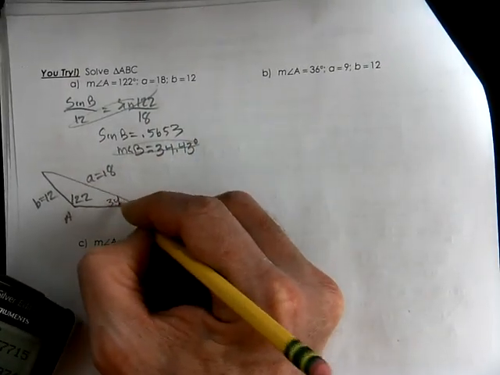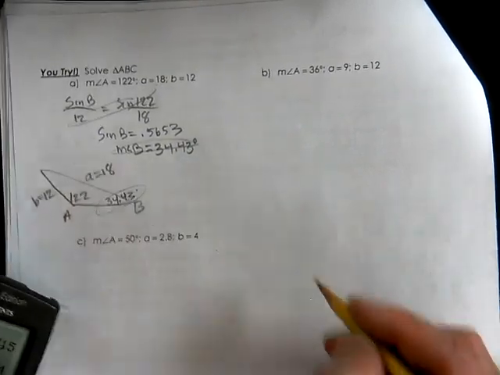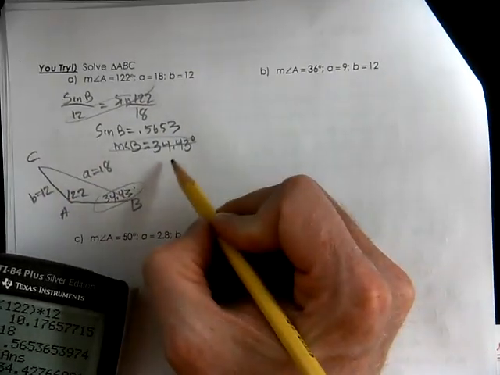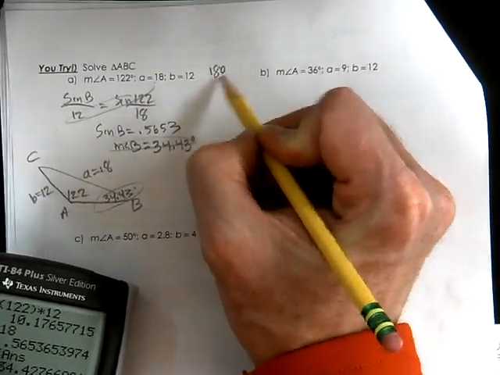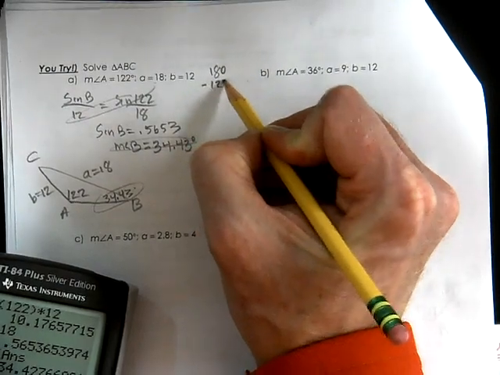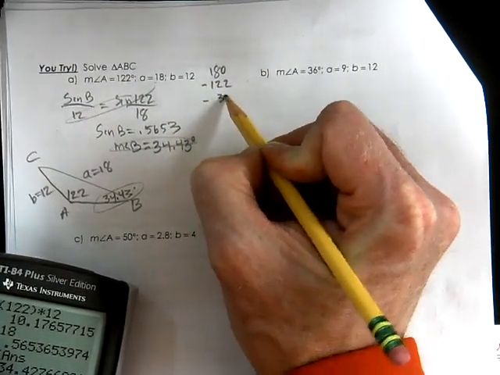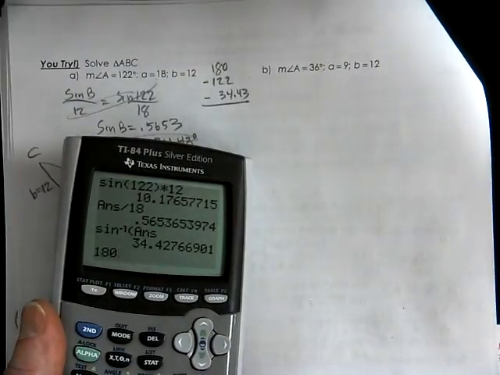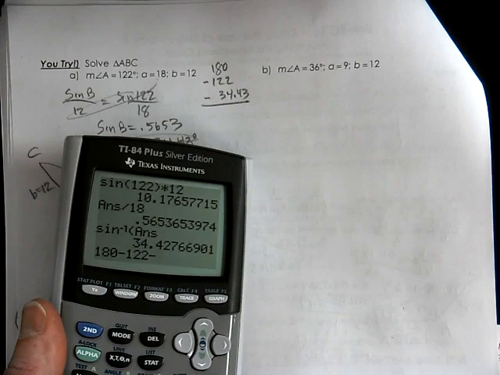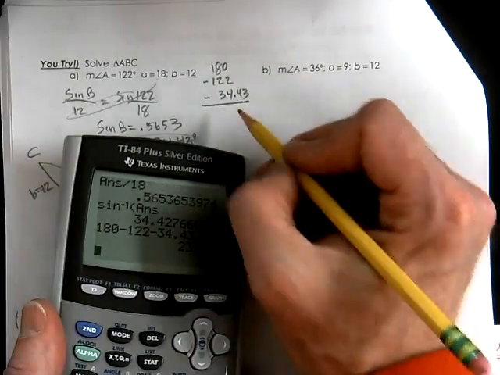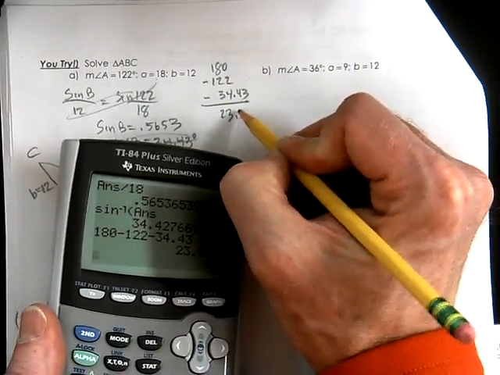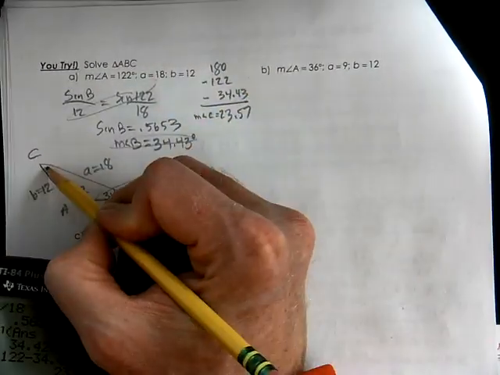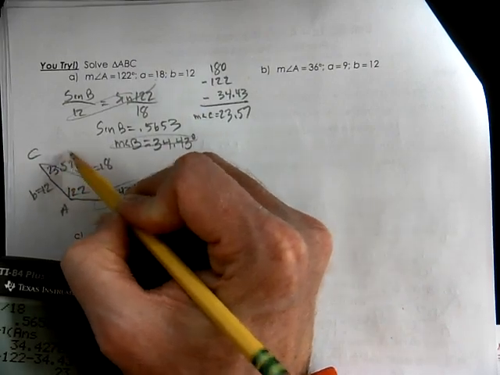For me to find angle C, I'm going to take 180 and subtract my 122 and also subtract my 34.43. And that gives us 23.57. That's the measurement of angle C.